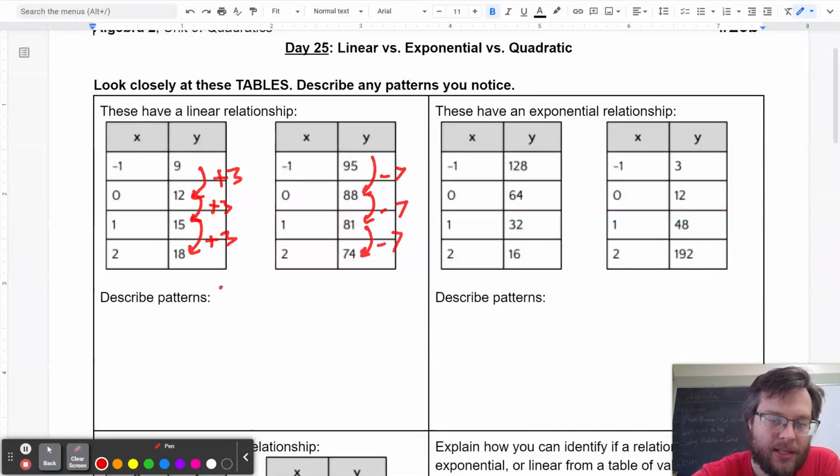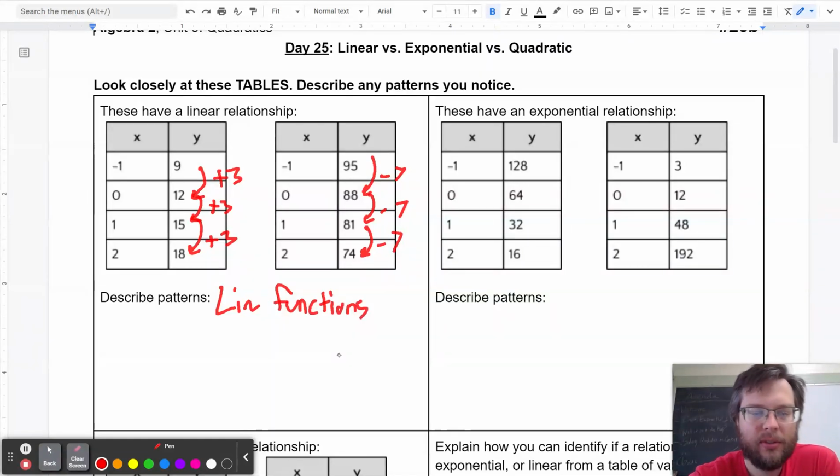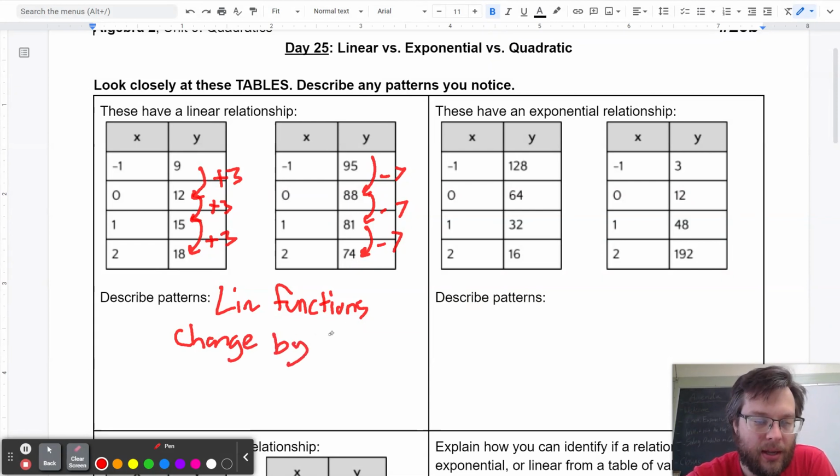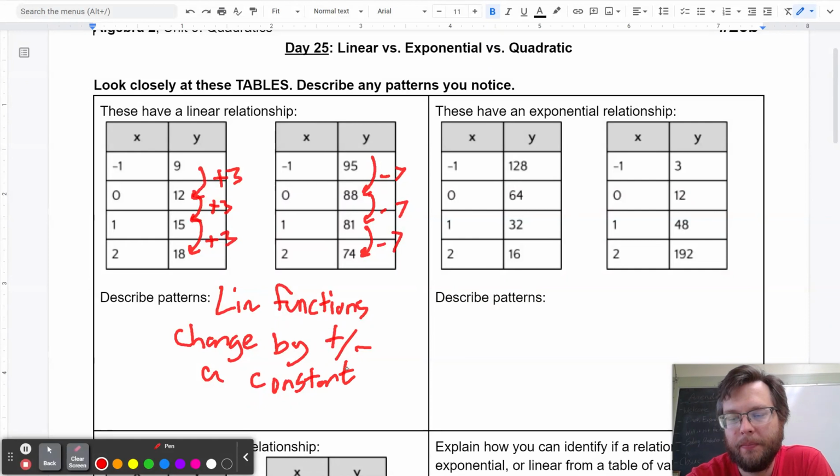And so that's the big idea: linear functions, or you could say linear patterns, linear tables, linear equations, change by adding or subtracting a constant. The same number gets added or subtracted every time.